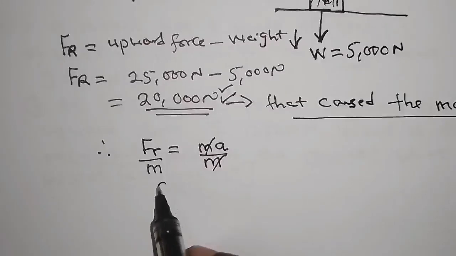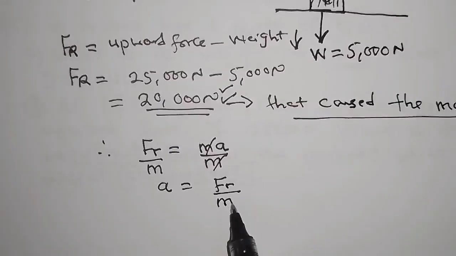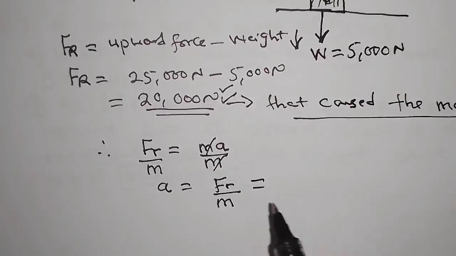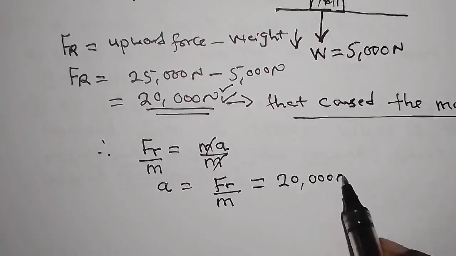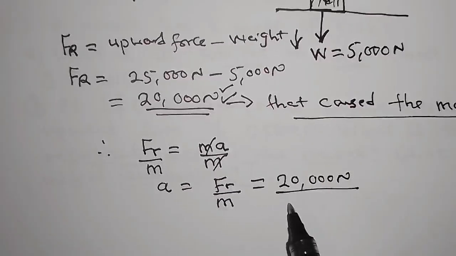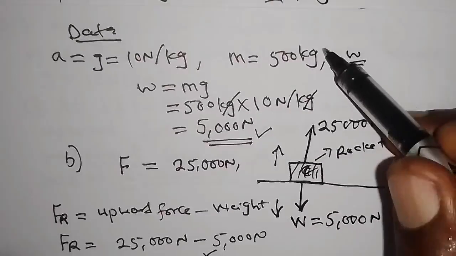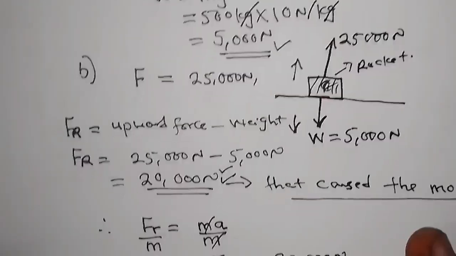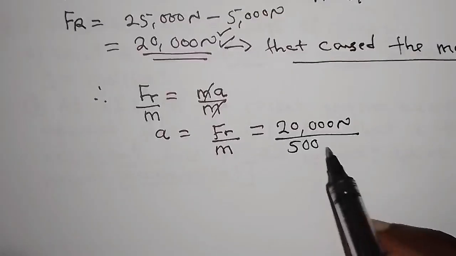And this is going to be a equals resultant force divided by m. Now we know that the resultant force is 20,000 divided by the mass, which is from the information that we have, the mass of the rocket is 500.